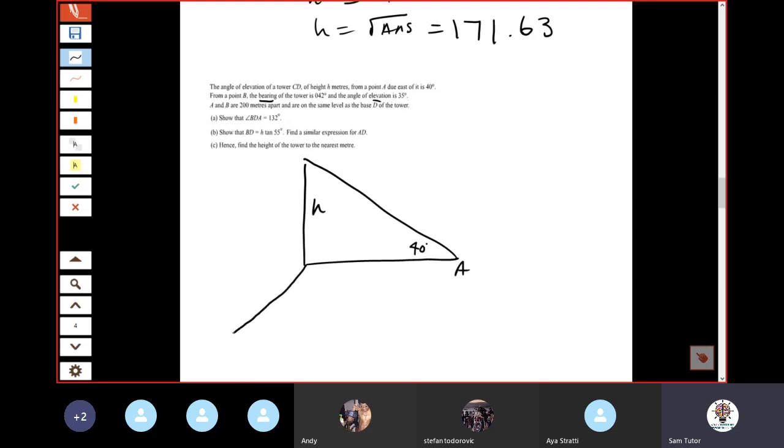So that's B, and that's 35 degrees. Does that make sense so far? Elevation 35 and elevation here 40. Good.